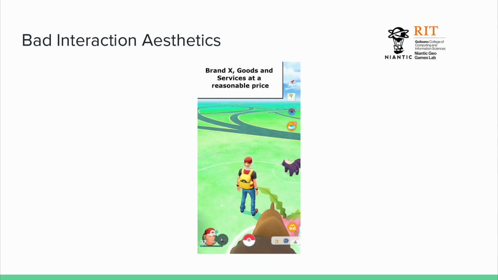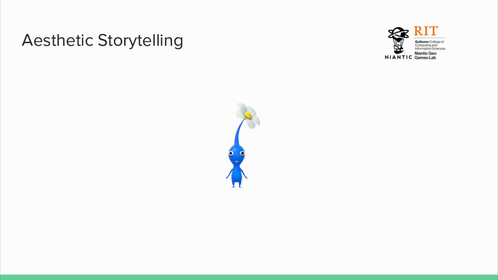Now, to make matters worse for games, we have to worry about something called aesthetic storytelling, right? Now, how many folks are familiar with the Pikmin game, vaguely? Okay. So, long story short, Pikmin is a Nintendo GameCube game where you play as a character who controls a swarm of these small little plant creatures called Pikmin.